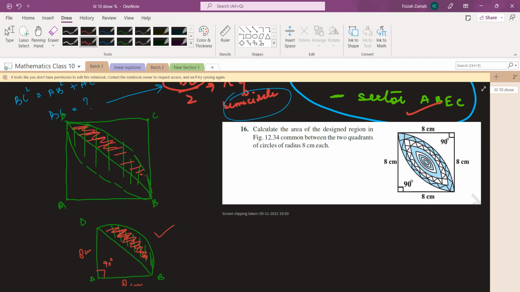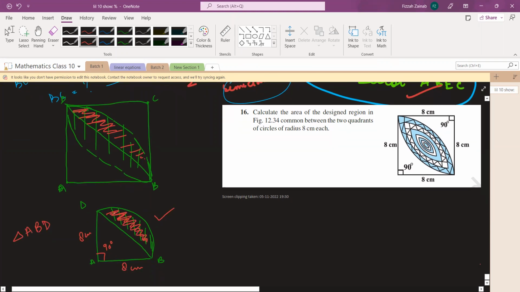Where is the triangle? This is triangle ABD. So you are doing sector minus triangle, and you will get this red area.